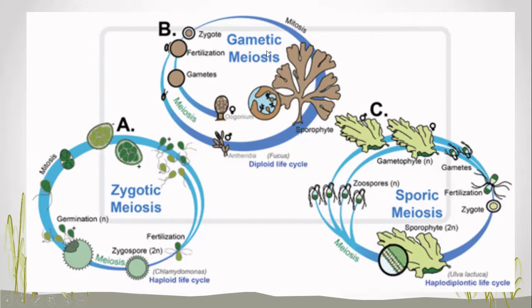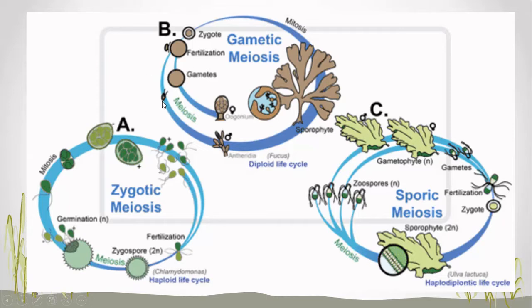Okay, so let's proceed. In gametic meiosis, it starts from a diploid life cycle, then later on becomes haploid. If we start in the diploid stage, they have distinct male and female gamete organs. We have the oogonium, which releases the egg, and the antheridium, which produces sperm.